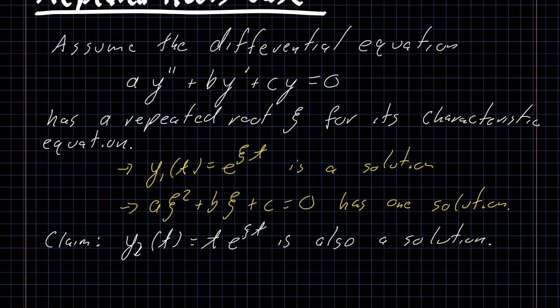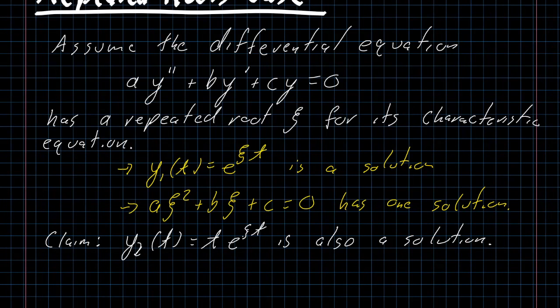My claim is that a second function generated as t times e to the ct is also a solution to this differential equation. And again, that's not obvious where this came from. I could spend an hour or so going through and showing you where it came from, but I don't think it's interesting.